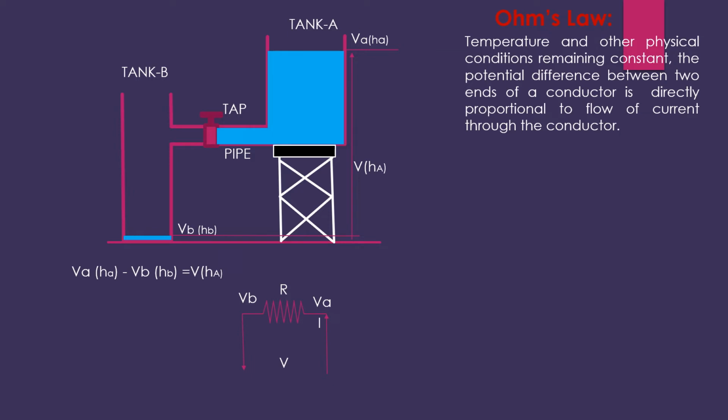The rate of flow of current would be minimized by using suitable resistance, as the flow of water would be minimized by controlling the opening area of the tap. Hence, resistance is acting as the tap, flow of water as flow of current, and difference of water level as potential difference of an electrical circuit.